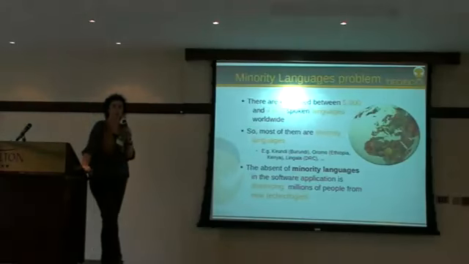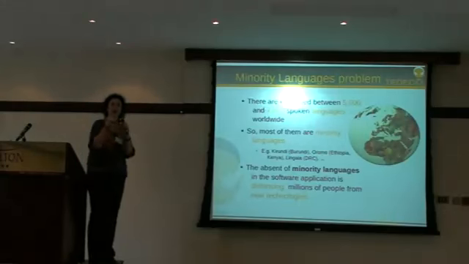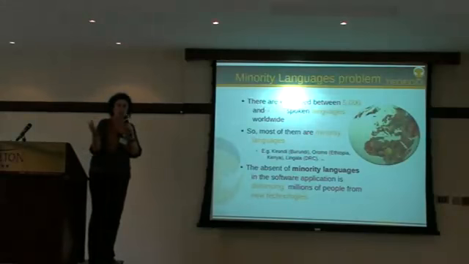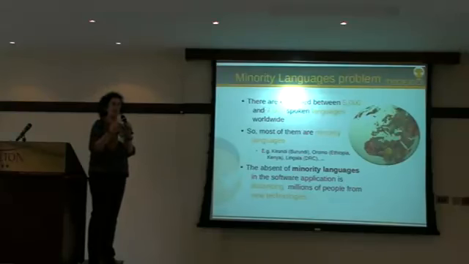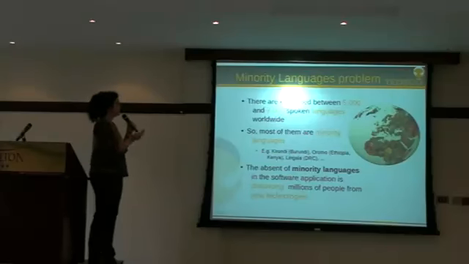So the main problem that we have to face, and this is exactly what we are worried about, because we are not worried about any profit, any interest related with money. We are interested in the generalization of software for everybody that could be interested in using it. So the main problem that we find is the minority languages.